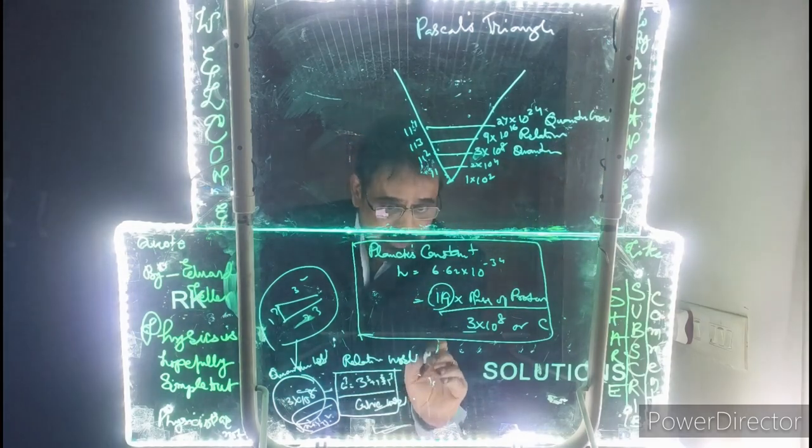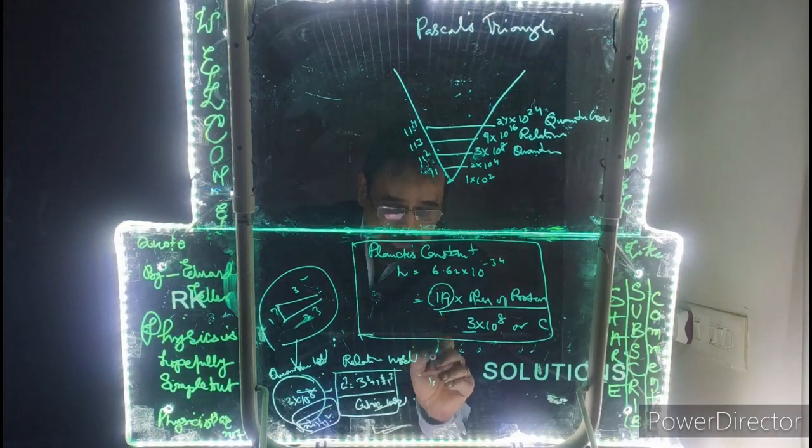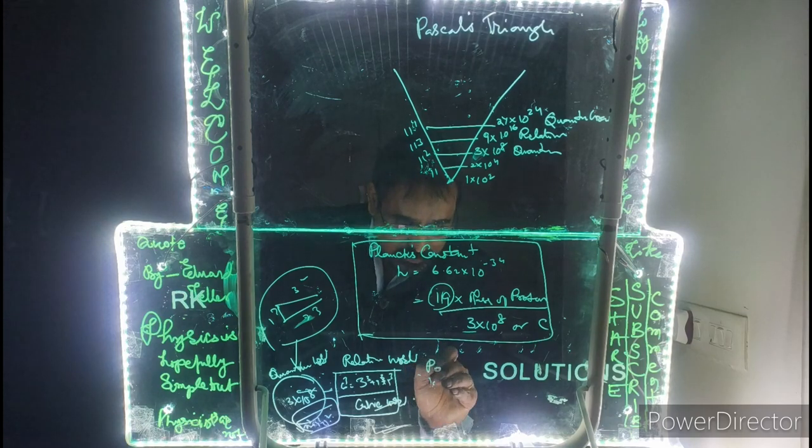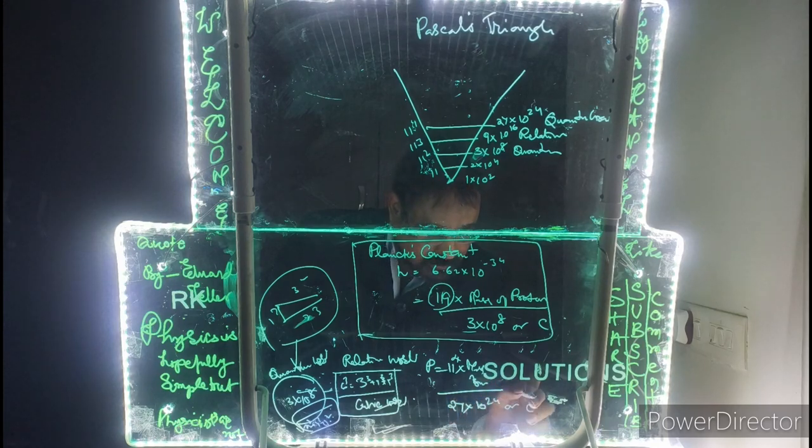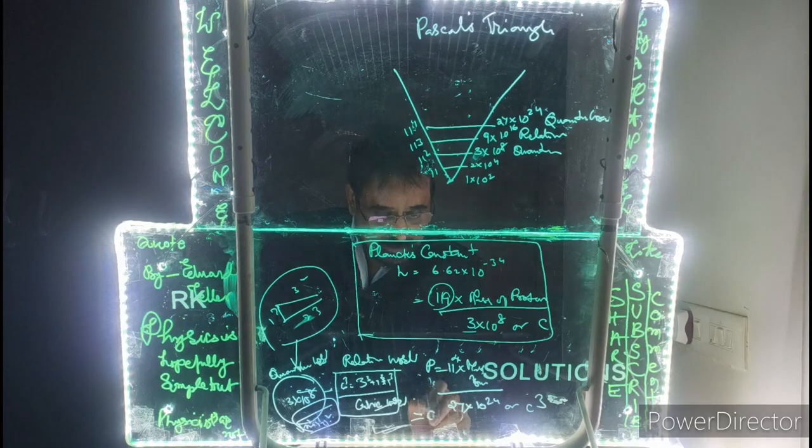So going by the same logic, for quantum gravity, let's say P, instead of 11 raised to 4 into the mass of the sun, if you divide it by 27 into 10 raised to 24, that is c cube, then you will get the quantum gravity, in my opinion.